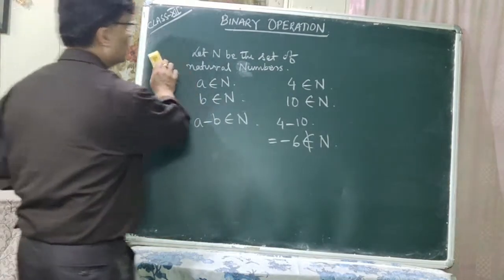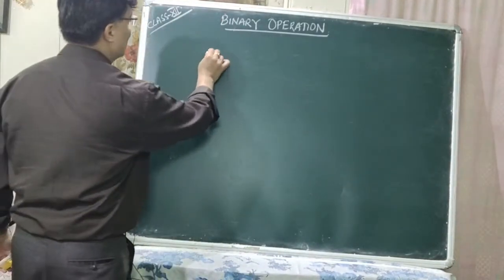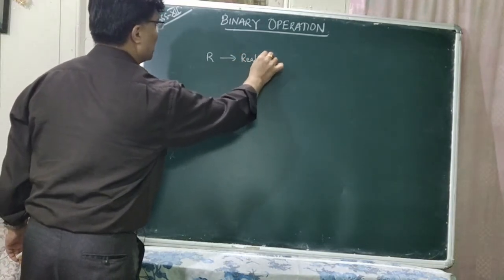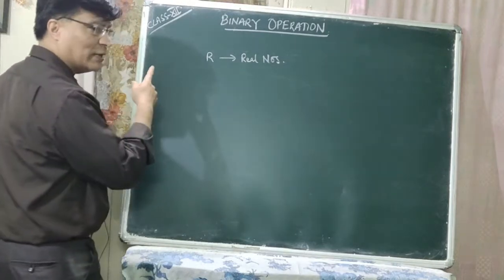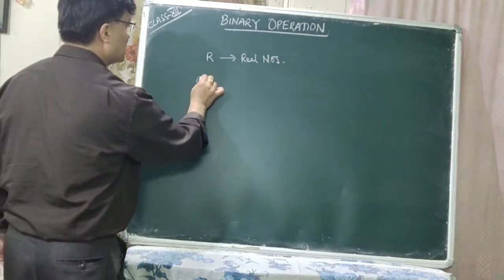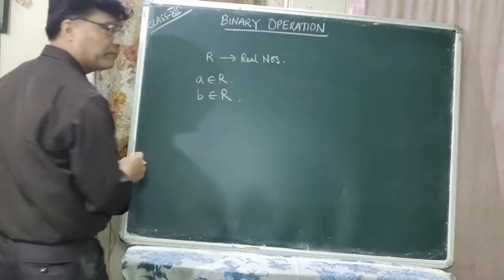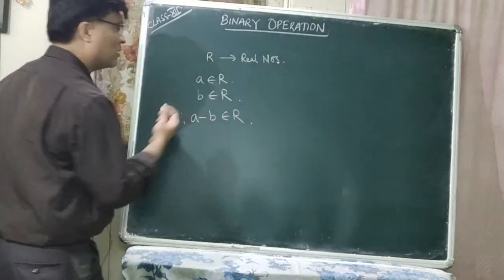For example, let R be the set of real numbers. Let us take two elements that belong to the set of real numbers, A belongs to R, B belongs to R. Their subtraction, A minus B, also belongs to the set of real numbers.